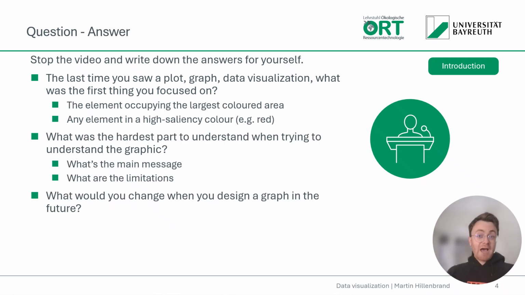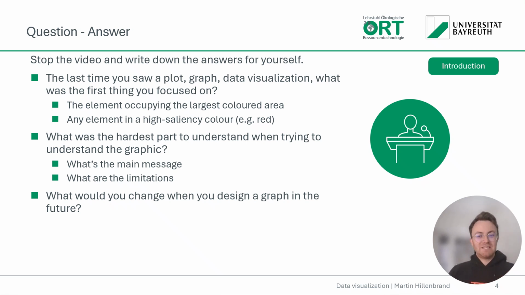So you have your answers on those questions, and I'm going to present to you my answers. With the first question, when I'm looking at a graph or a visualization, and this is true for a lot of people, they will focus on the largest color part in the graphic. So what do I mean with the largest color part?